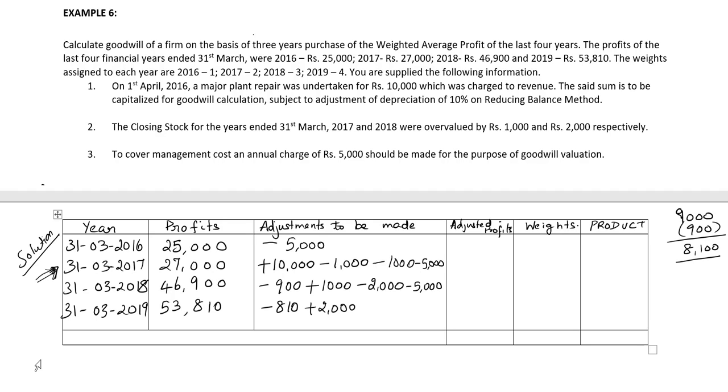Now let's get the adjusted profits. For 31/3/2016, 25,000 rupees minus 5,000, 20,000 rupees. For the next year, 27,000 plus net effect of the adjustments is 3,000 rupees. So it's 30,000.